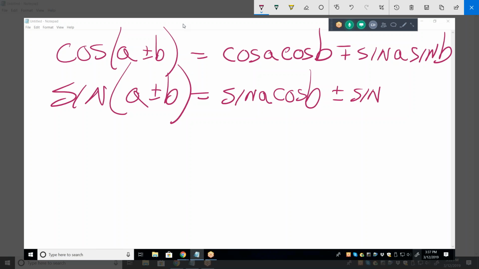Yeah, I just do the reverse. In other words, sine of B, cosine of A. In other words, this is the only part I have to remember. And I have to remember that this is the same as this. And the reason they teach you this one first is because once you learn the first one, the second one becomes easier to memorize. Okay, so what kind of problem do you have?